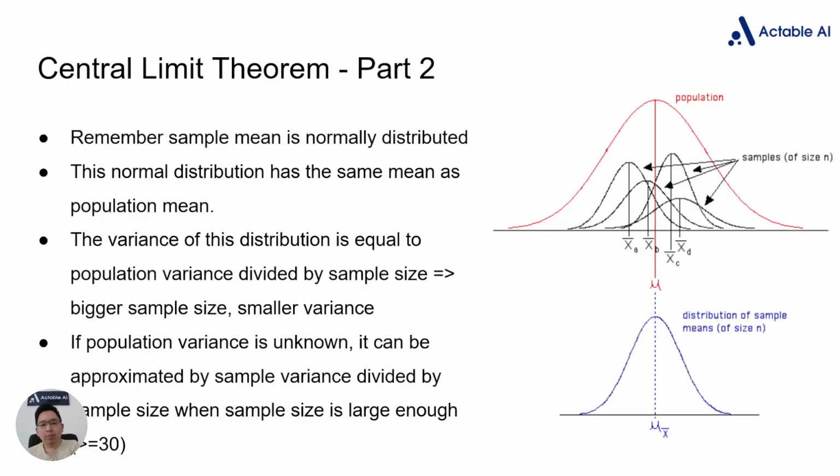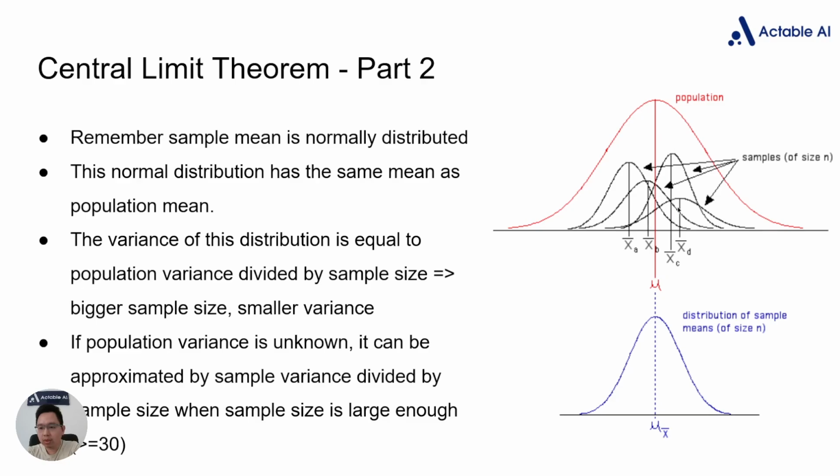The second part of the central limit theorem says that, here on the right-hand side, for example, this is the distribution of the population. It has a mean here. Then say these are different samples.